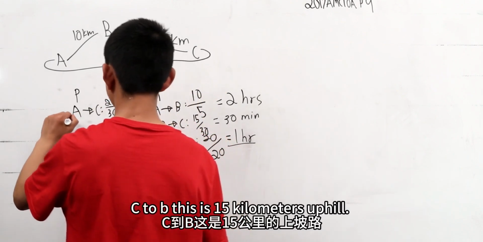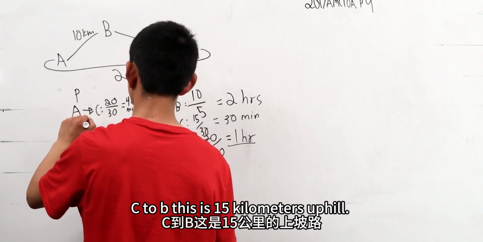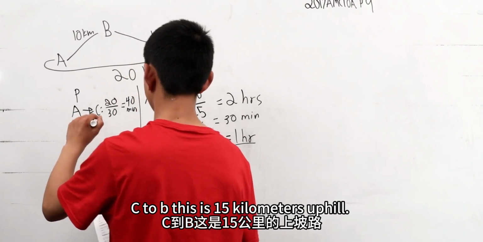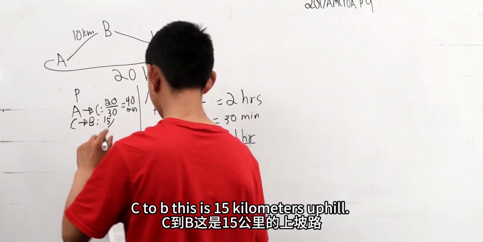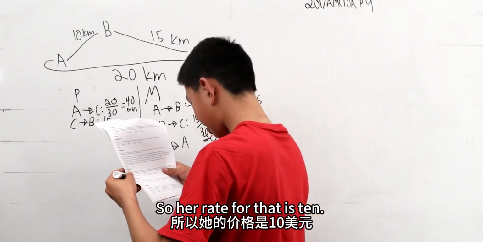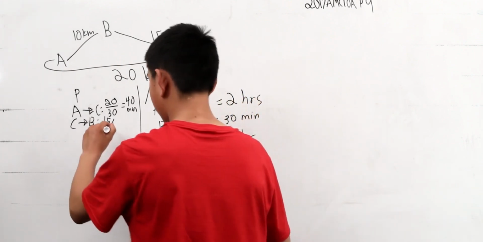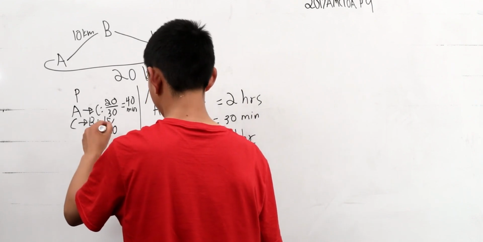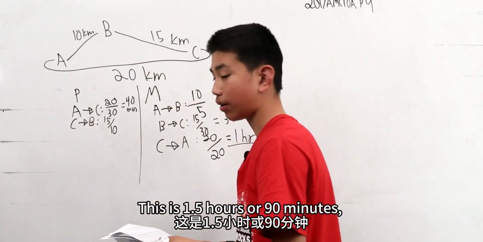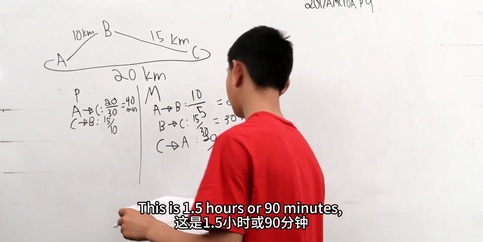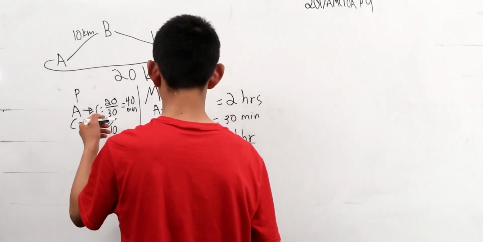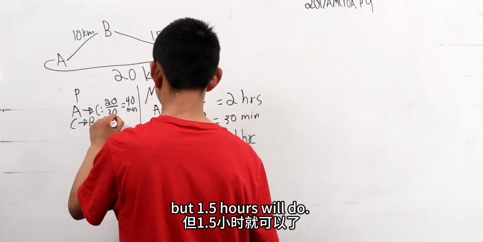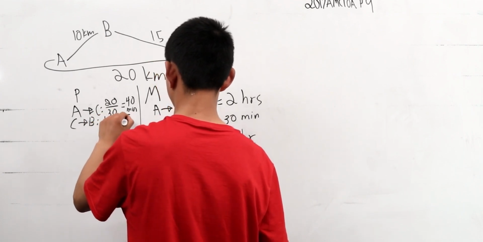Okay, C to B. This is 15 kilometers uphill, so her rate for that is 10. So this is 1.5 hours, or 90 minutes. But 1.5 hours will do.